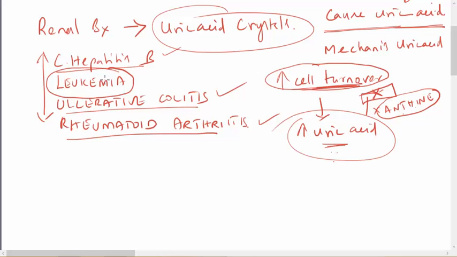So here they didn't give any signs and symptoms, they didn't give any clinical feature, or any laboratory investigation. Just straight away they gave the case of acute renal failure. Okay, so you should know what are the signs of acute renal failure, what are the laboratory investigations in acute renal failure.